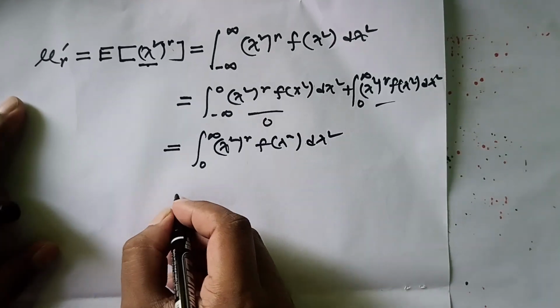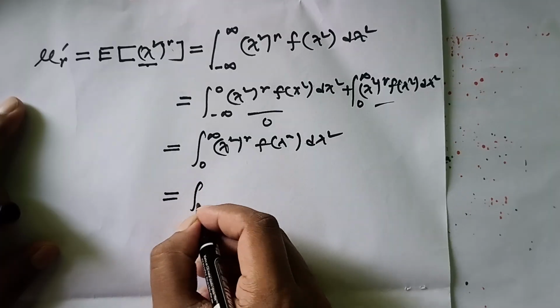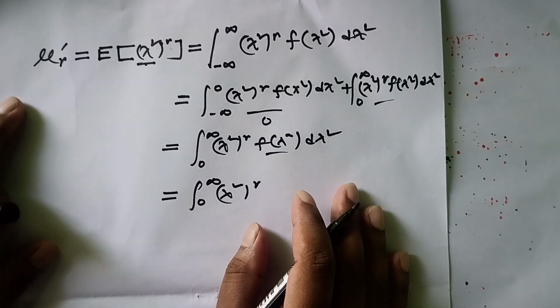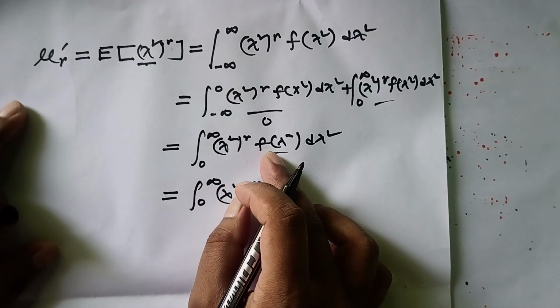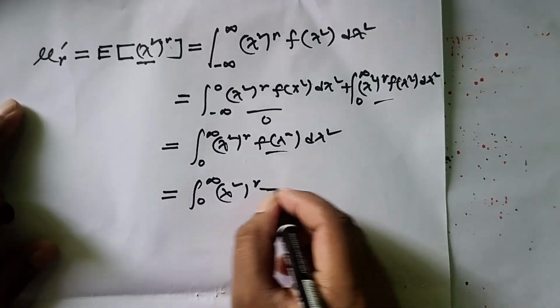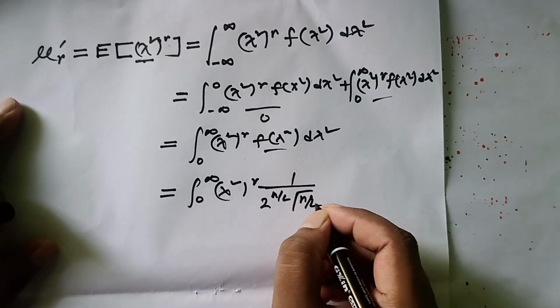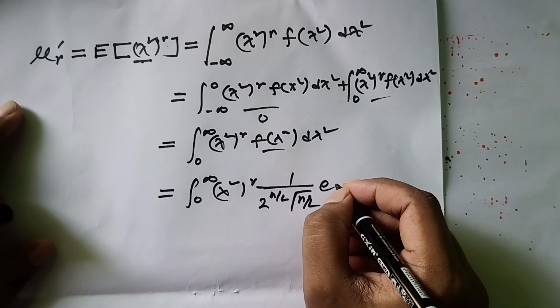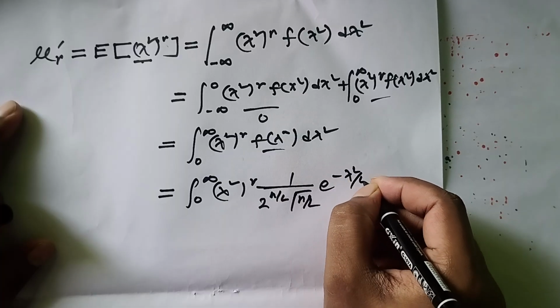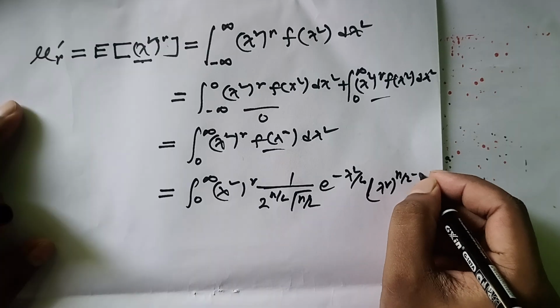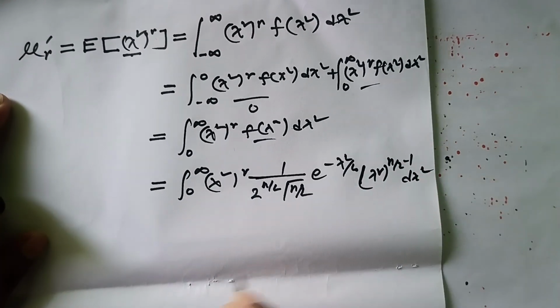If you extract this PDF, what you will find is 1 by 2 to the power n by 2 gamma n by 2, e to the power minus chi-square by 2, chi-square to the power n by 2 minus 1 d chi-square.